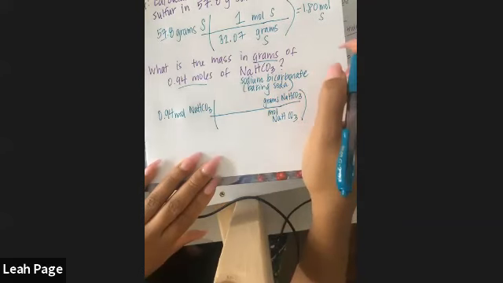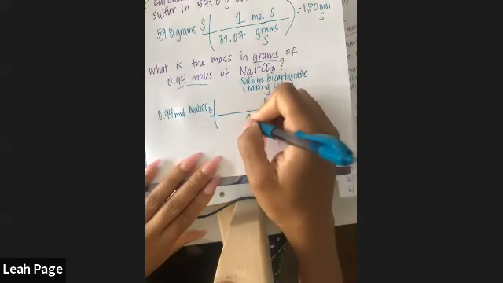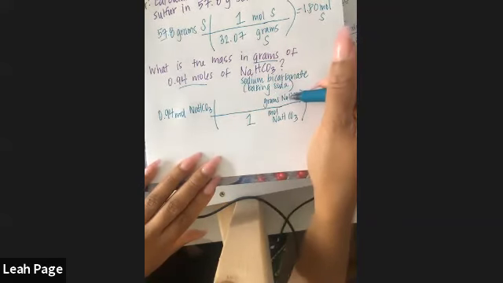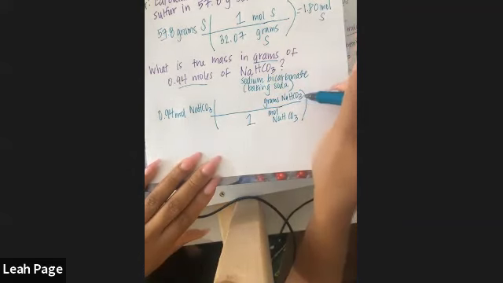So where's my 1 go? Bottom. The 1 goes in front of the mole. We get that part, but we have to figure out how many grams this is. And the way we figure out the grams is we have to add all of this up. So we have to say the mass of sodium plus the mass of hydrogen plus the mass of carbon plus 3 times the mass of oxygen.